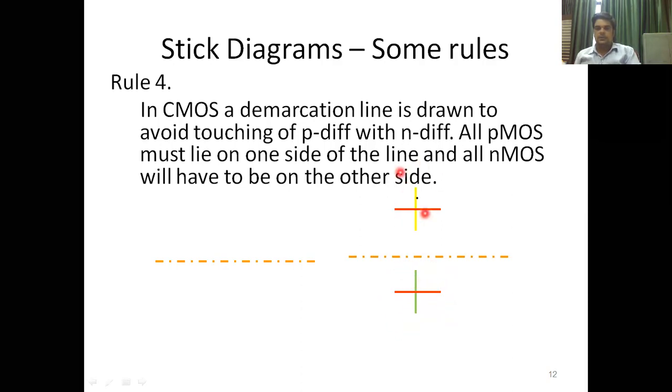Above, similarly, this is a P diffusion line and this is the gate terminal, so this is a PMOS transistor. A demarcation line is drawn to avoid touching of P diffusions with N diffusions. All PMOS must lie on one side of the line and all NMOS must lie below the demarcation line. This is rule number 4.